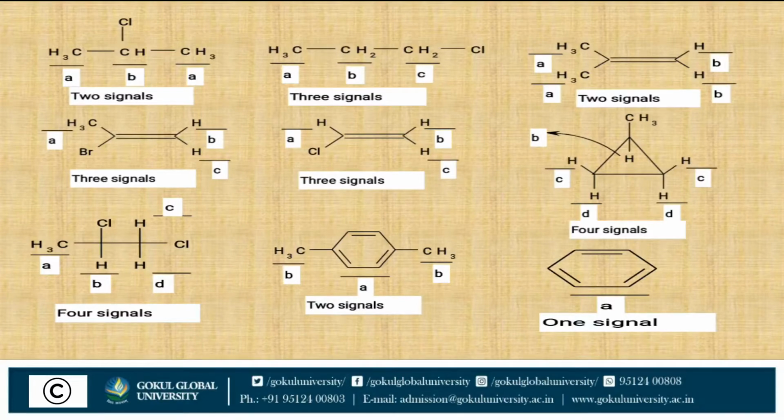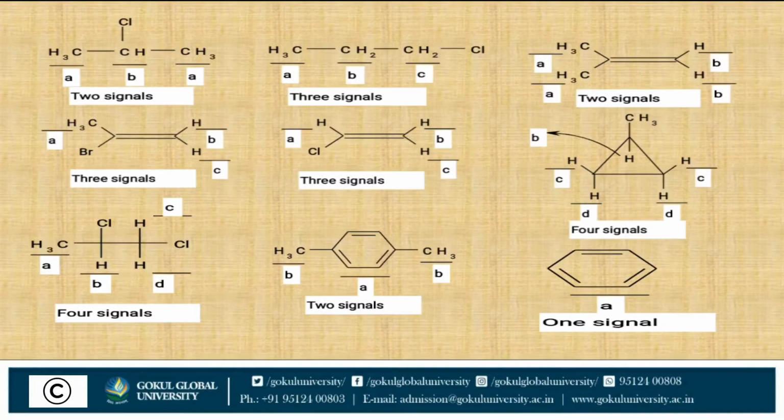In another example, cyclohexane gives one signal because of the plane or axis. All hydrogens on the carbons have the same signal, so cyclohexane gives only one signal.